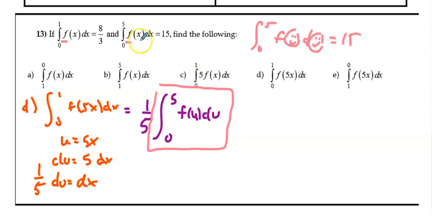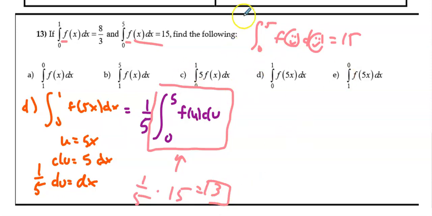It doesn't necessarily matter that these aren't x's and these are u's. We've already changed our bounds based on the fact that now we have a u here, so these are the same function. So the point I'm making here is that this value is going to be equal to 15. Because again, we've changed our bounds to 0 to 5. And I'm going to multiply that by 1/5. So this answer for part D is going to be equal to 3. It's going to be equal to 3.